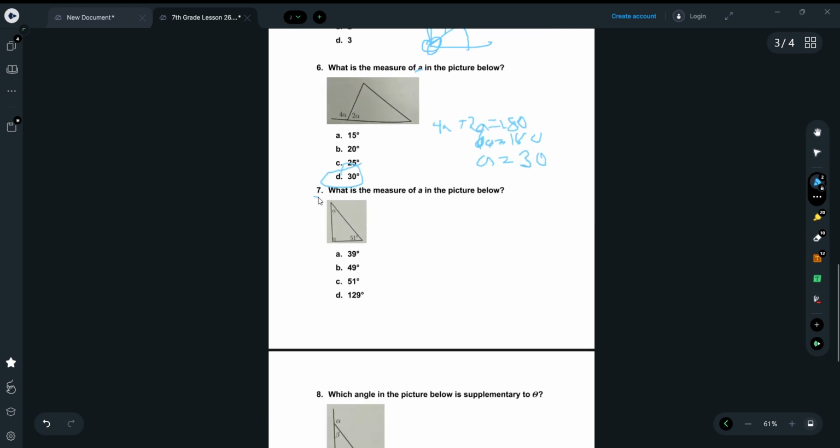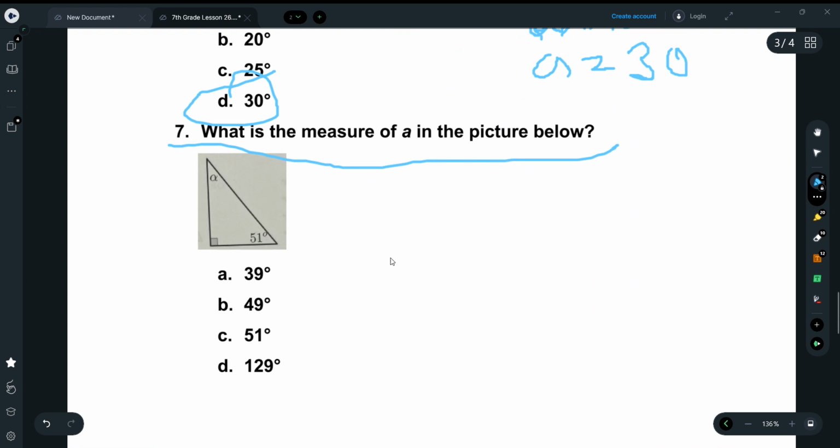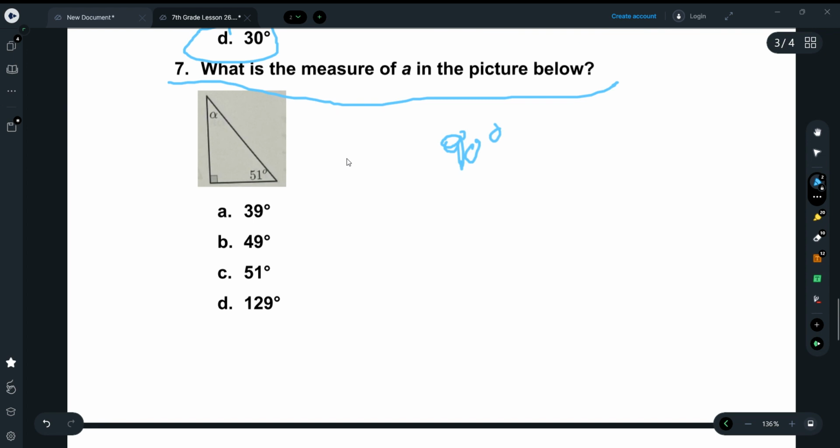For number 7, what is the measure of angle A in the picture below? Again, this is the same thing. The only difference with this one is this angle has a box. That box just means that it's 90 degrees. A triangle has 180 degrees total.